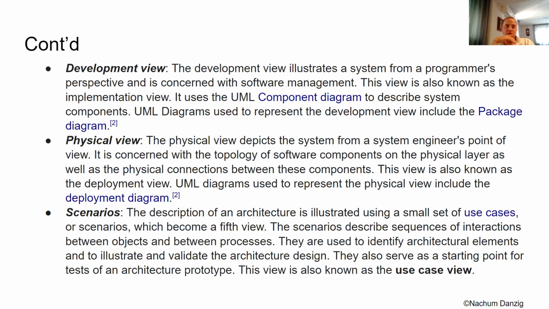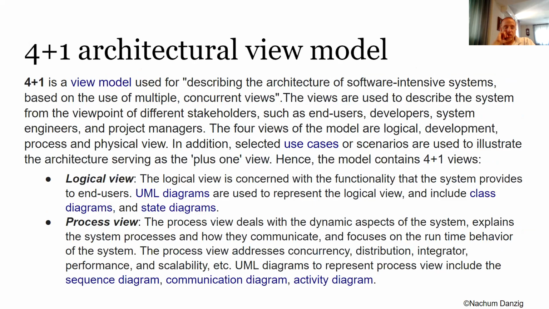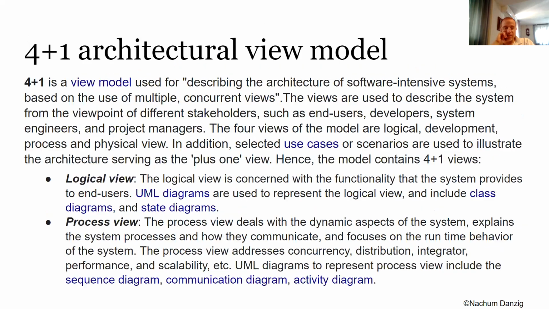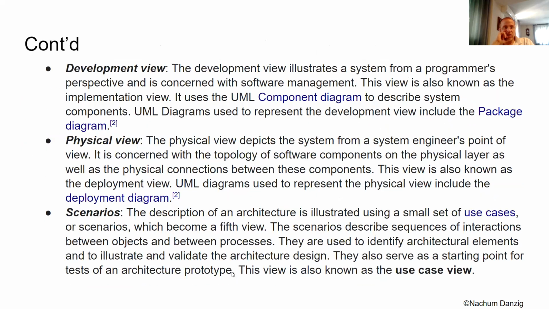UML diagrams used to represent the development view include package diagrams. So that's very interesting. You see, according to this, the development view is not the same as the state diagrams and the UML, because that's not specific enough for the programmer. He needs these things called component diagrams.